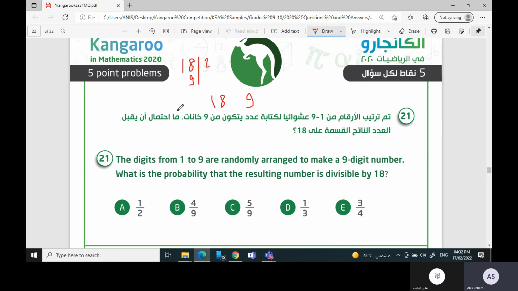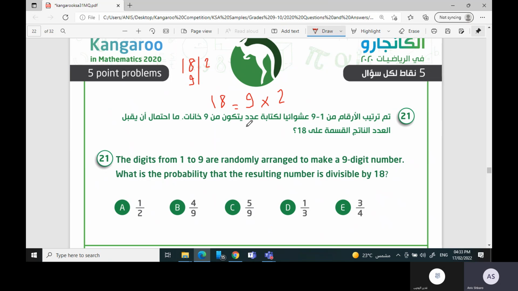Okay, so 18 is equal to 9 multiplied with 2. So if a number is divisible by 18, when divided by 18, the remainder of division is equal to 0.